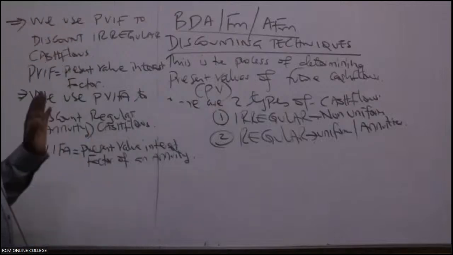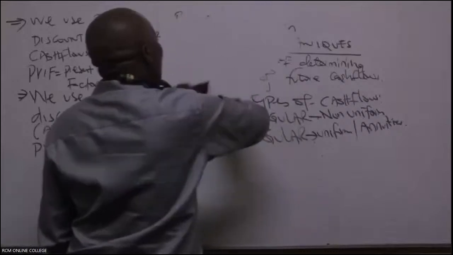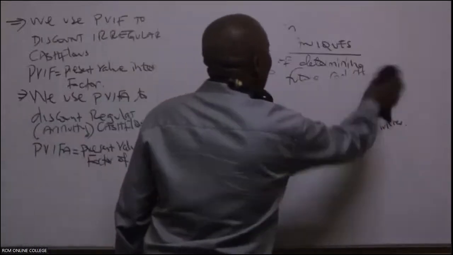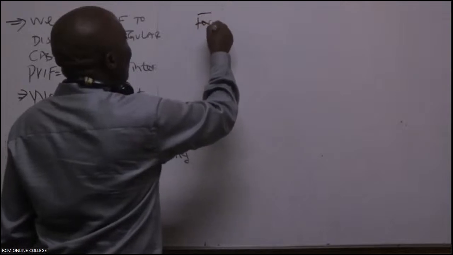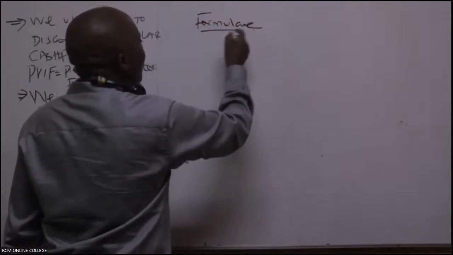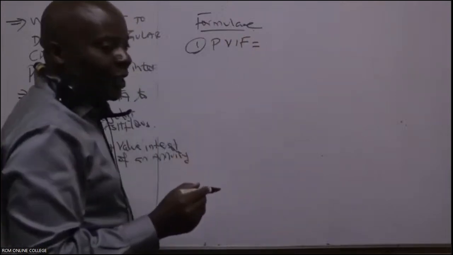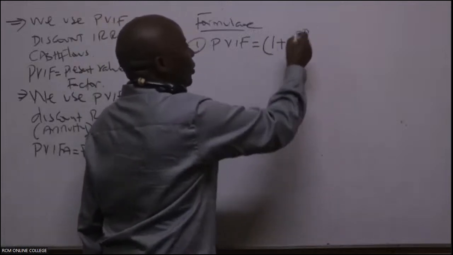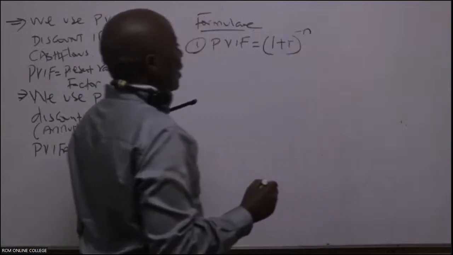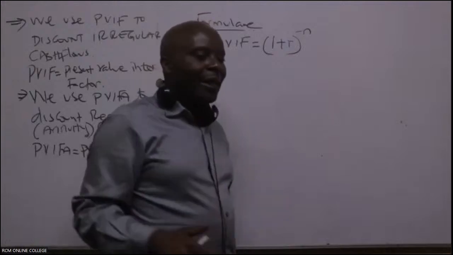Thank you very much. Now I would want to go to this serious level where we talk about the formulae. The first one is the PVIF. How do we get this PVIF? It is the easiest. To get PVIF, we normally take (1 + r) raised to negative n. Anytime they want us to get PVIF, we take (1 + r) raised to negative n.